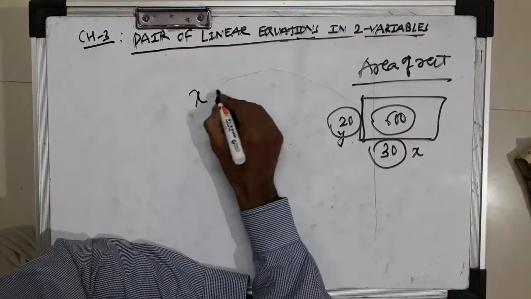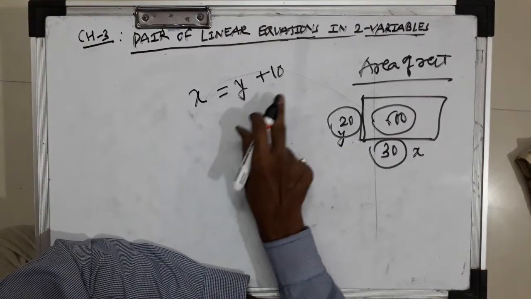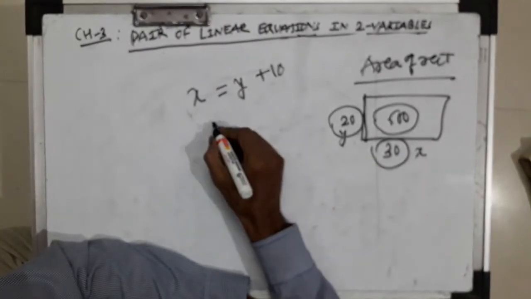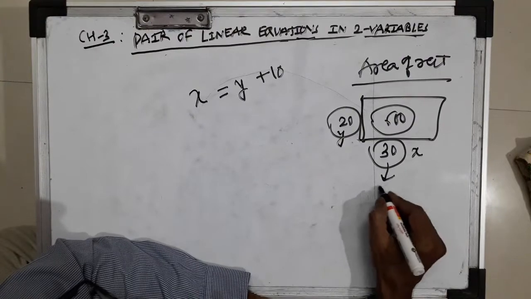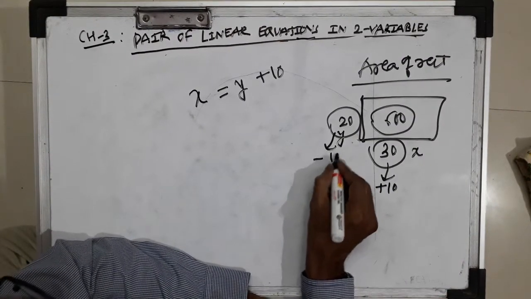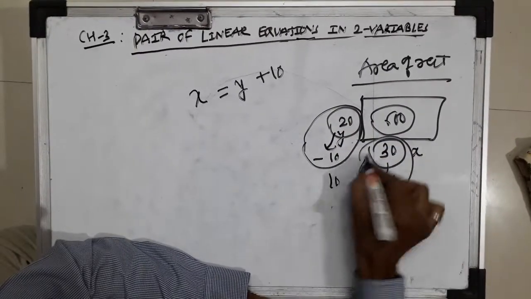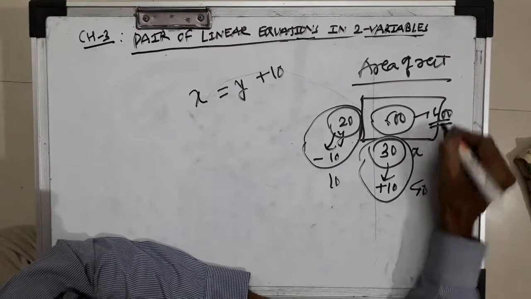Length of a rectangle is 10 centimeter more than its breadth. One equation we can form in this way. Or you can take another statement. If length is increased by 10 and breadth is reduced by 10, now this value becomes 40 and this value becomes 10. Now area becomes 400.